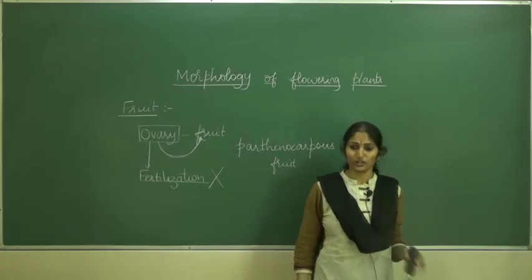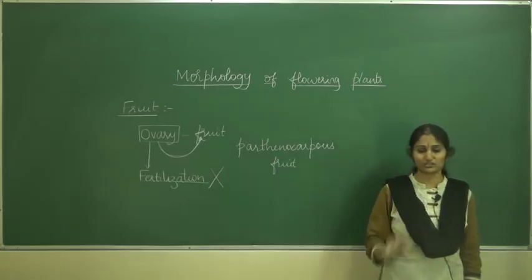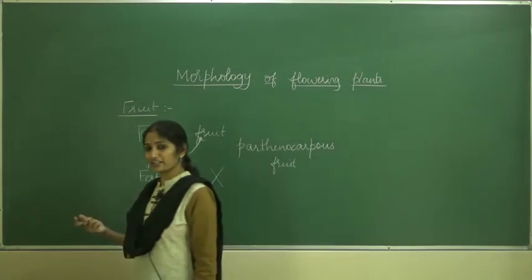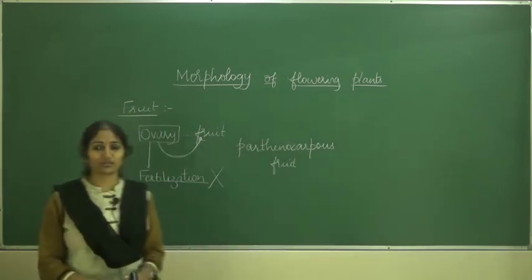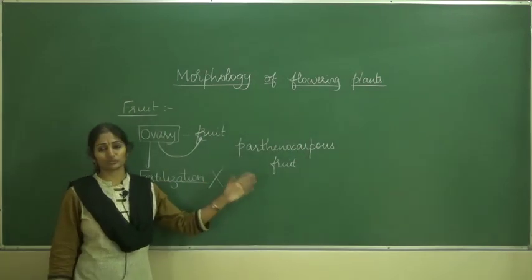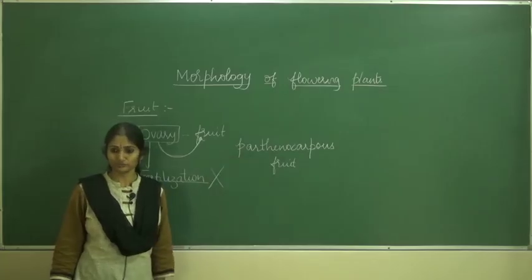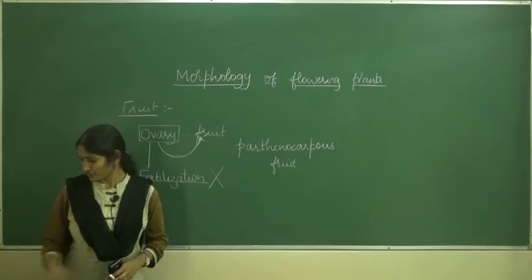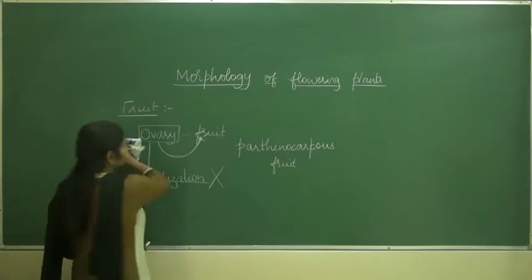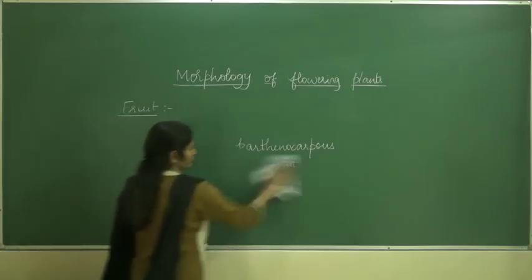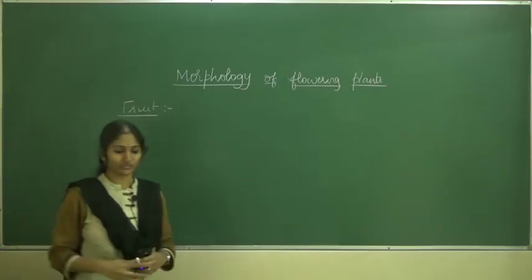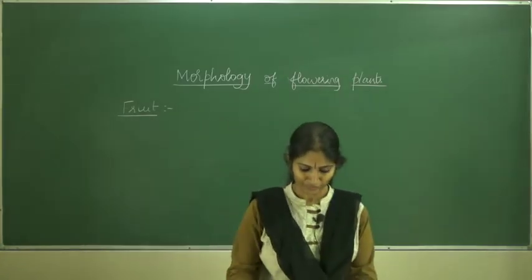I am sure all of us would have tasted seedless grapes. Now these seedless grapes are seedless because they are all parthenocarpous fruits. So that way we see the ovary forming the fruit.